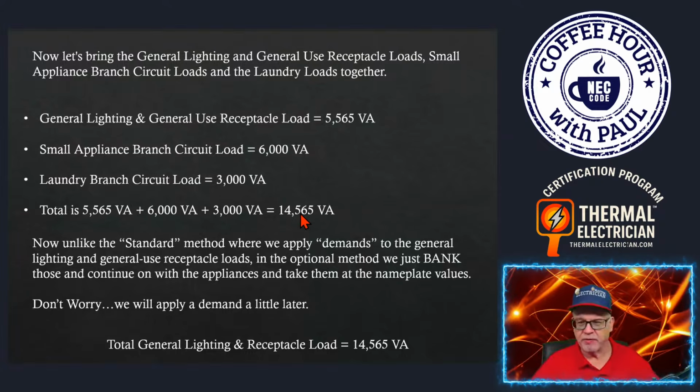Okay, so we're good there. The math's right. Now, unlike the standard method, we apply demands to the general lighting and general use receptacles in the optional method, but right now we're just banking that number and we'll wait. Just put that aside, 14,565. We're going to use that in a minute.